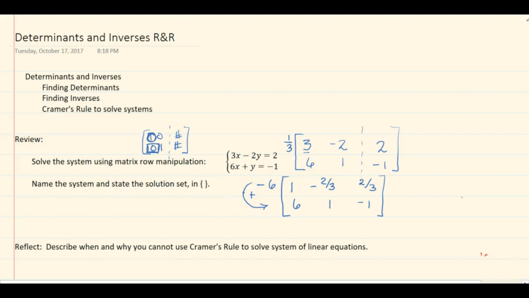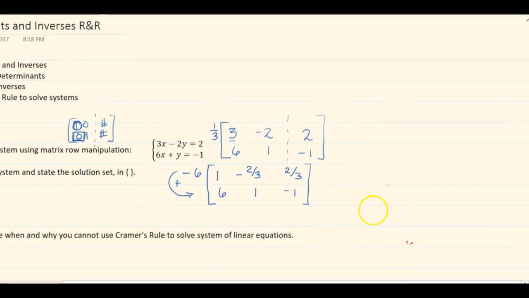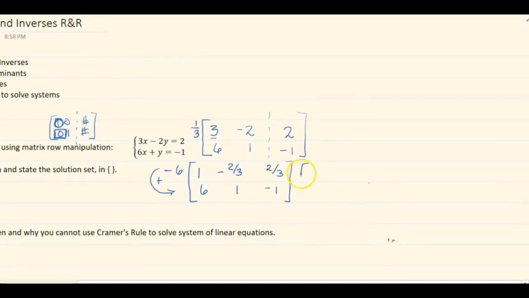When I do that, I'm going to create a matrix that will look like the top row not changing, and the bottom row, when I multiply these two numbers and add it to the bottom row, I'll get 0 here. I'm going to multiply -6 times -2/3.